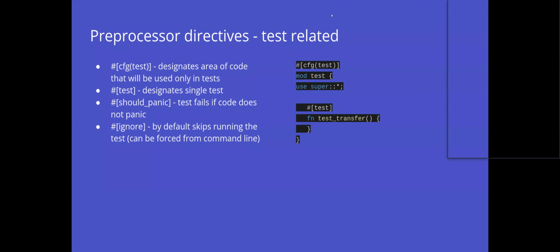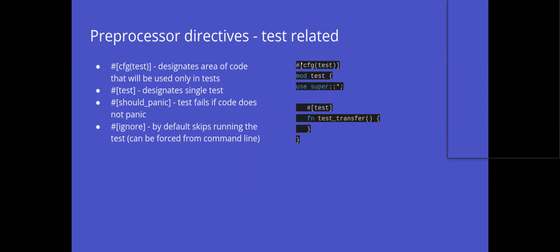So when you create any code in Rust and you'd like to test it, the code on the right side is the basic thing that you will need to use. Lines that start with a hash are preprocessor directives, which can cause several things.